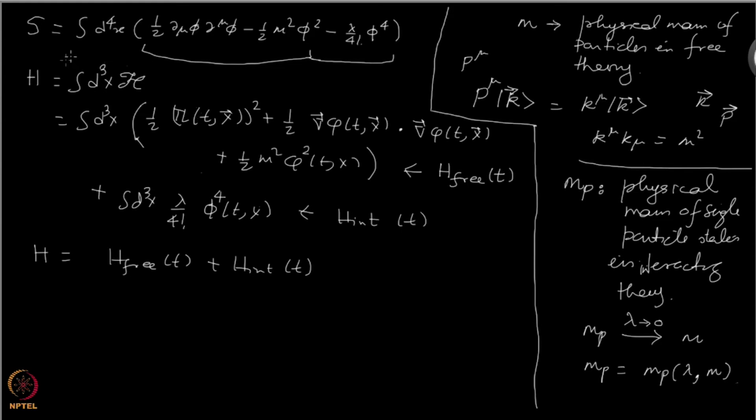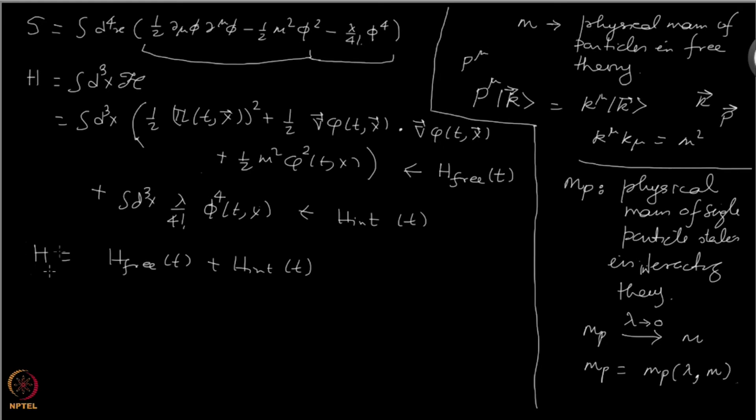Note that this Hamiltonian is a conserved charge. It comes from translation symmetry, and by translation I mean translation in time. So H is a constant and does not depend on time.